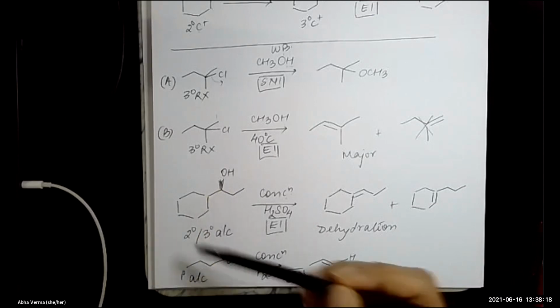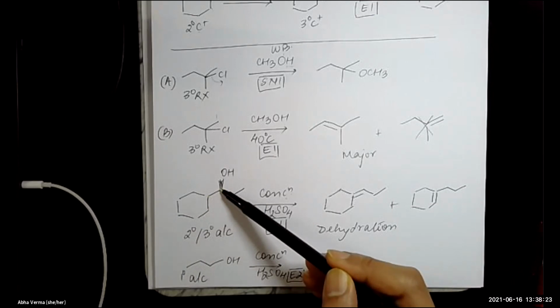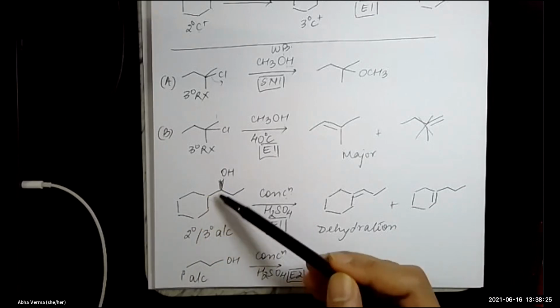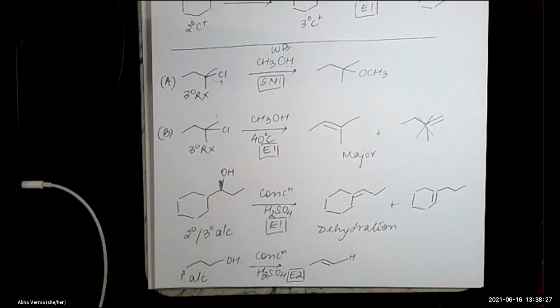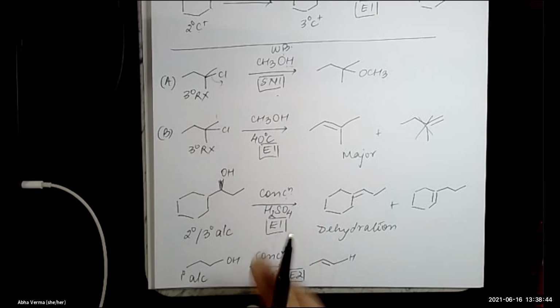And at that point, this carbon and this carbon, both of them will become the beta carbons. So both will give you the major Zaitsev products. So remember, whenever you have E1 or SN1, you should expect rearranged products.